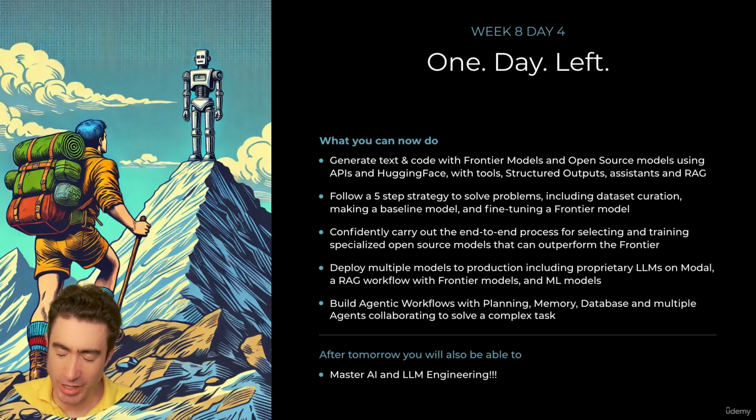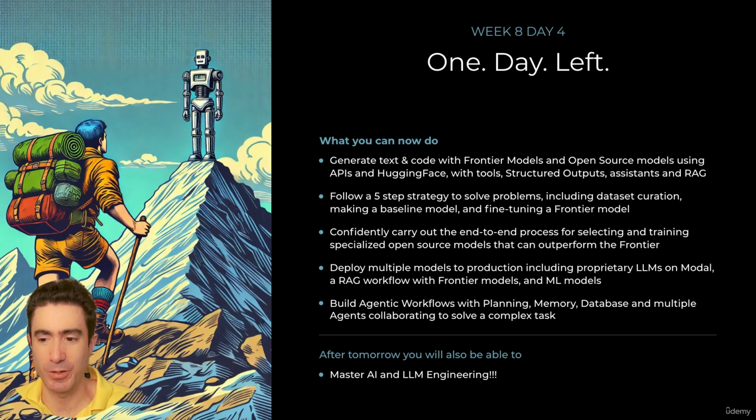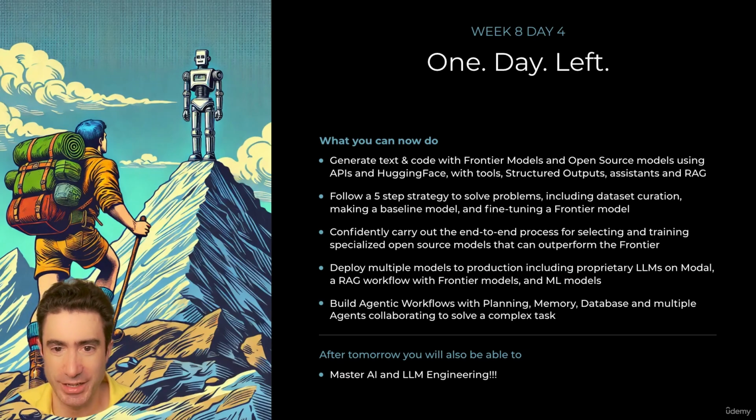You can follow that strategy we went through to solve problems, including curating your data, which is hard and grueling, but perhaps the single most important step. Making your baseline model and fine-tuning a frontier model, and then you can select and train an open source model. And we did it. We beat the frontier when we did that.